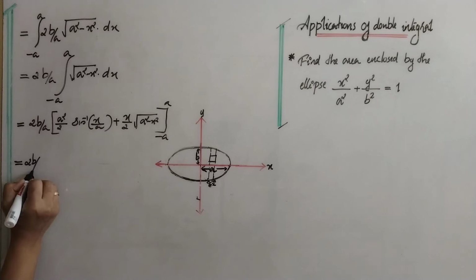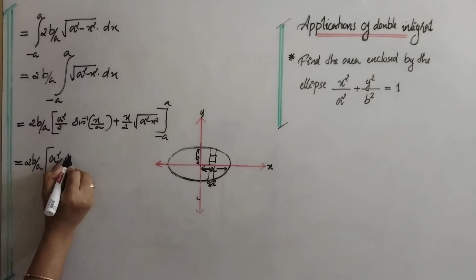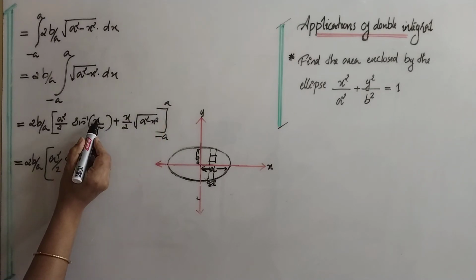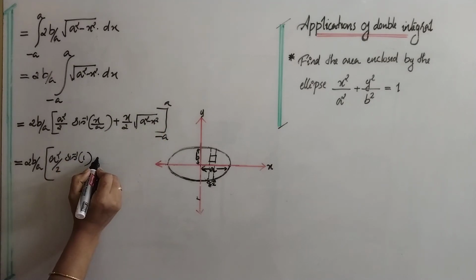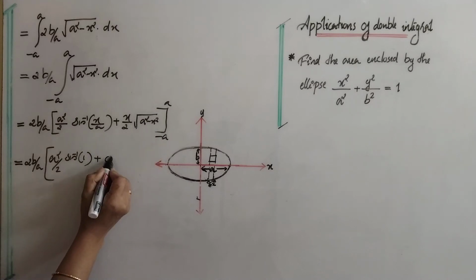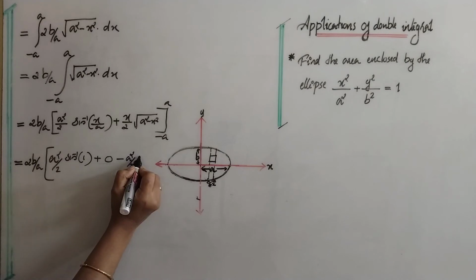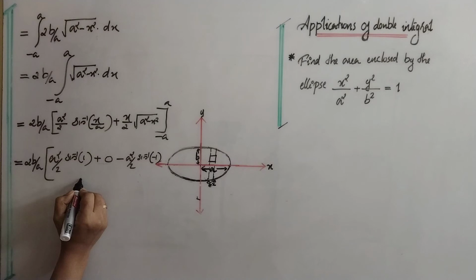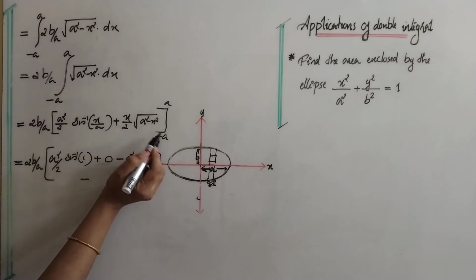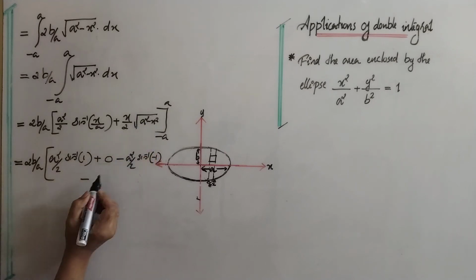So we get 2b by a into a square by 2 sine inverse. If we apply the upper limit, here a by a is 1, so sine inverse 1, plus here a by 2 root of a square minus a square, so this term becomes 0. And if you apply the lower limit, here minus a square by 2 sine inverse minus a by a, so minus 1, minus, and if you apply here minus a the whole square, again a square, so a square minus a square becomes 0.